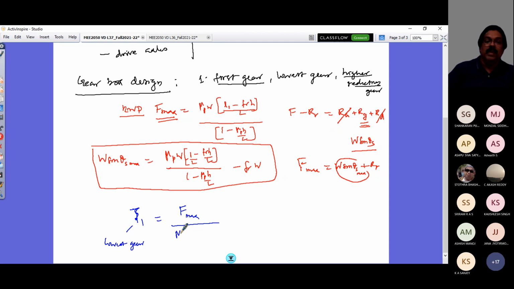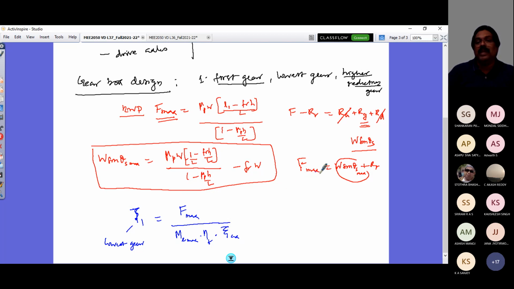That would be the maximum engine torque Me max, with an efficiency of transmission, and there is also another reduction called the drive axle gear ratio, correct? That is the drive axle reduction ratio. So this is the requirement for the first gear.